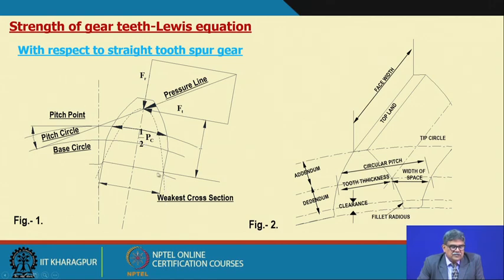Here we have considered this to be the weakest cross section of this tooth profile, because when the load is acting on the line of action, at first instant this will experience a bending stress at the root somewhere here, and that stress will be maximum where the section is the weakest.